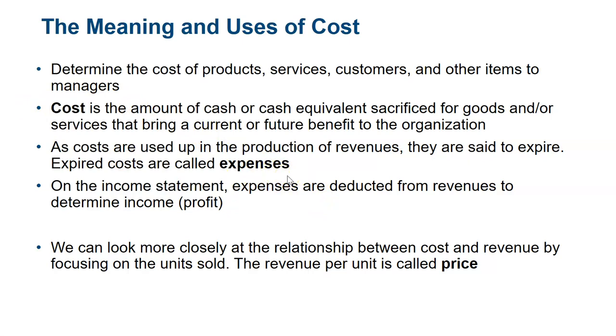So I want to give you an example of two things real quick that work very much in an opposite manner of each other. The first I'm going to talk about is prepaid insurance.